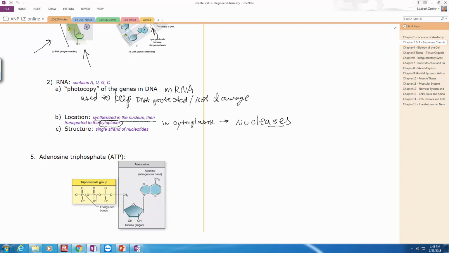And then after a while, those RNAs will get chewed up by those nucleases in the cytoplasm because we won't need it anymore. And then when we say, wait, we need more protein, we need more of those messages read off, we can go back, open up the DNA, read off another mRNA that will keep reading and doing its job until it gets chewed up by nucleases in the cytoplasm.